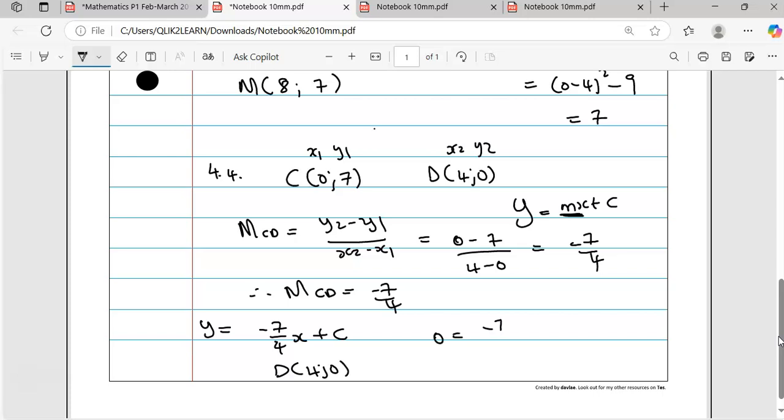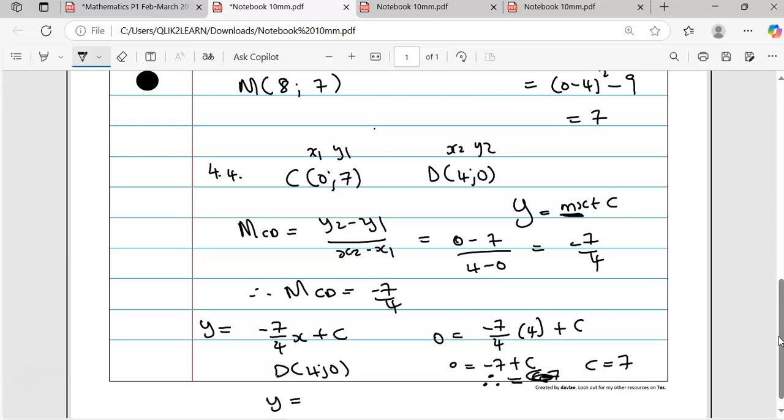It's equal to minus 7 over 4, where there's x, we put 4, plus c. So the 4 will cancel. This tells us that 0 is equal to minus 7 plus c. Therefore, the value of c is 7, because the 7 will come to the other side to be positive. So c is equal to 7.